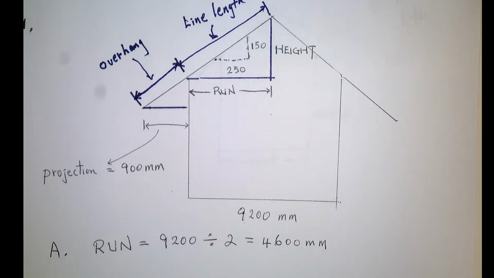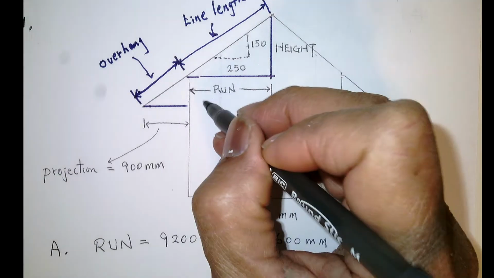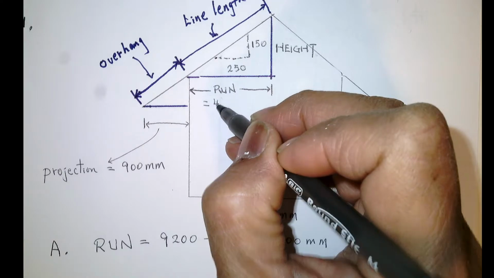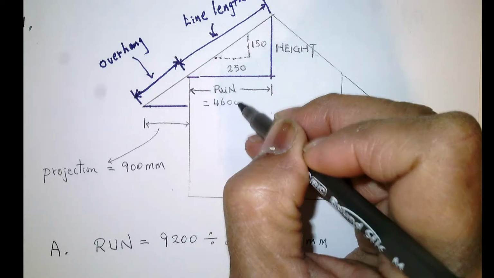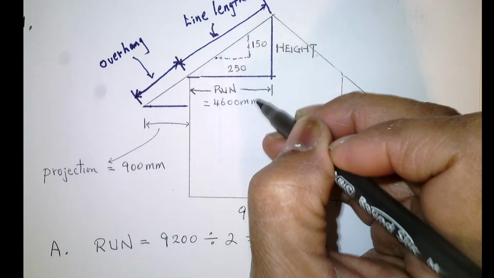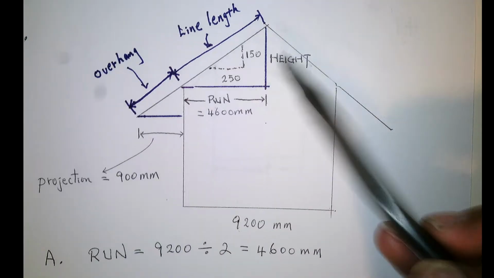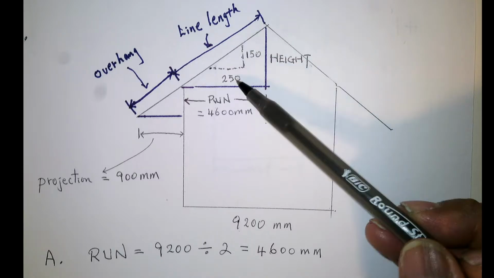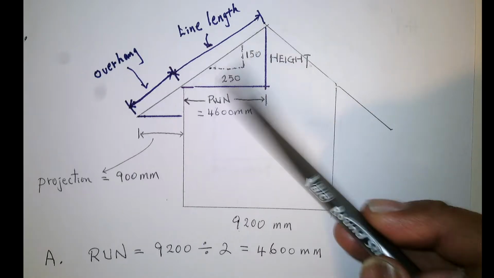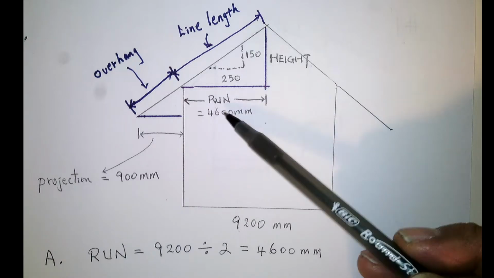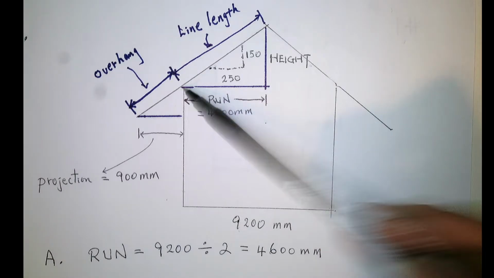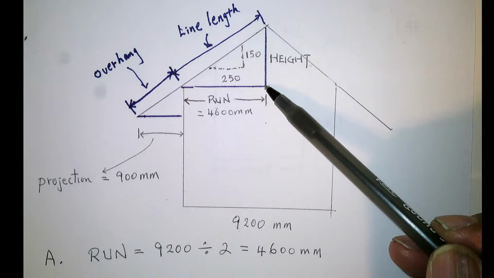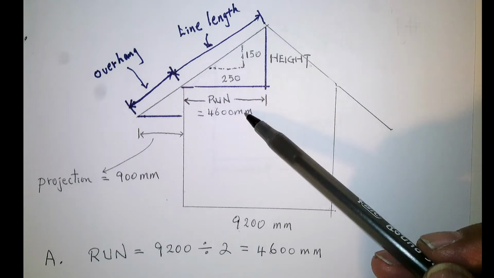Now part B is asking you to compare your answer, the run, which I put right here. So now you're comparing the given cut. 150 over 250 means the given run is 250. Right now the run of the house is 4,600.